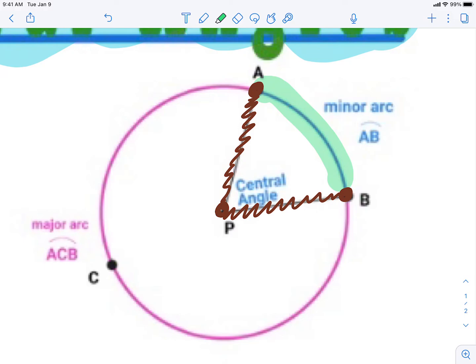So this angle right here, which is the central angle, is equal to the arc. They're the same measure. Central angle equals arc.